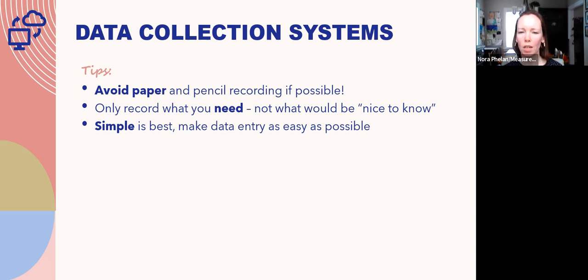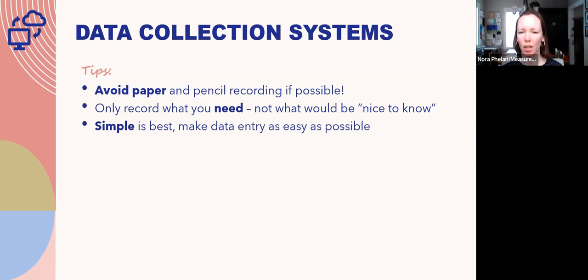If at all possible, if it can go directly into something electronic from the beginning, that's ideal. Only record what you need, not necessarily what would be nice to know. When I've assisted different programs with developing even simple data collection tools or Excel sheets, it's easy to get carried away, especially if it's something new, and it's great when people are excited about wanting to record the activities that they do. But if you go too far to one extent, first of all, you often don't use all of that data if you're trying to record absolutely everything.